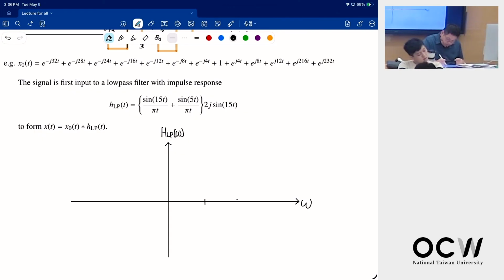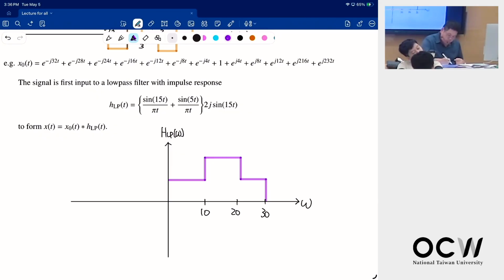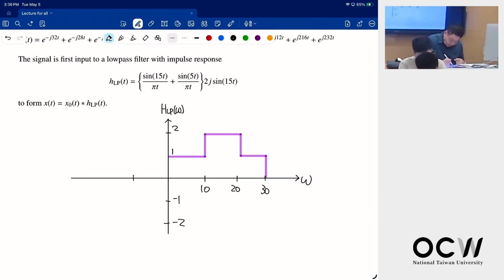For 10, 20, 30, 1, 2, so here I have 1, 2, minus 1, minus 2, minus 10, minus 20, minus 30.